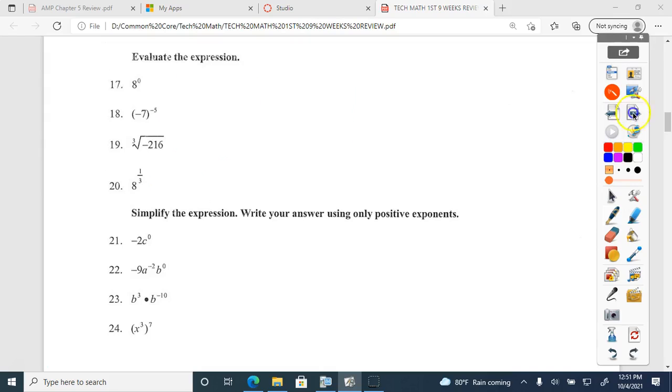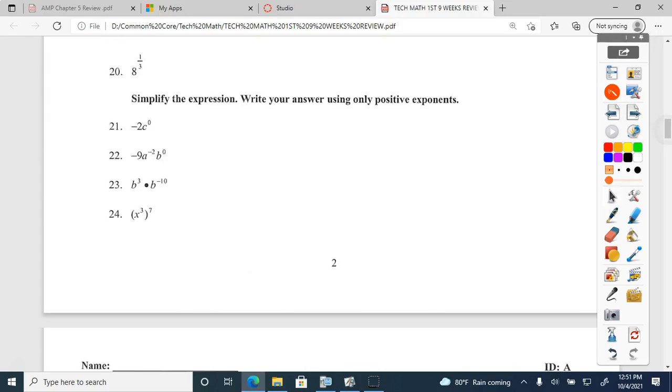21, 22, 23, 24. We're doing exactly the same thing, but now we've got what included? Variables. Okay, not just numbers anymore. So we just talked about this. Anything to the 0 power is what? 1. What is to the 0 power on 21? Is anything besides C to the 0 power?